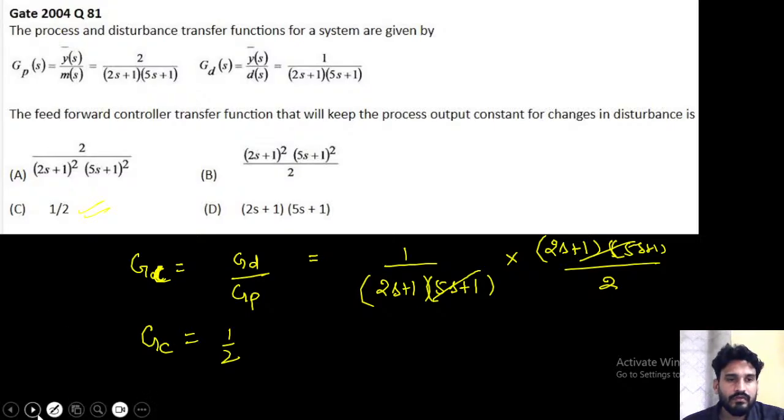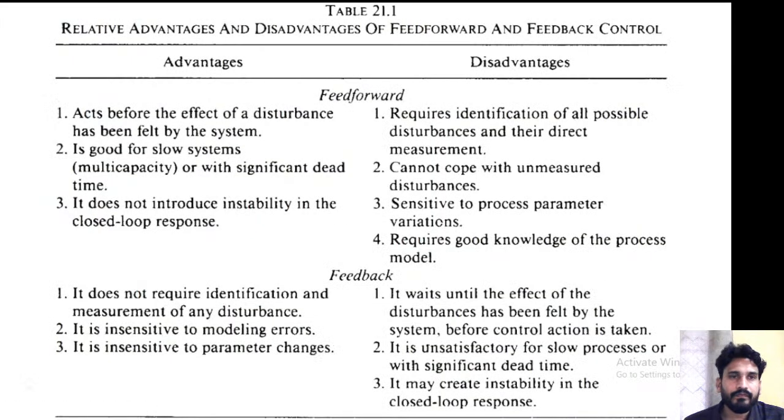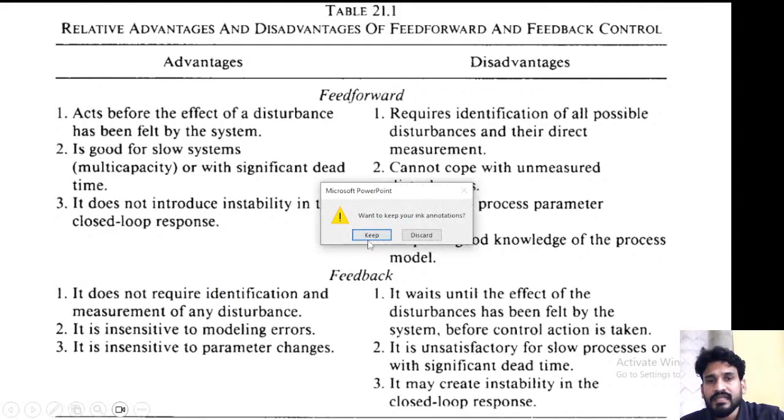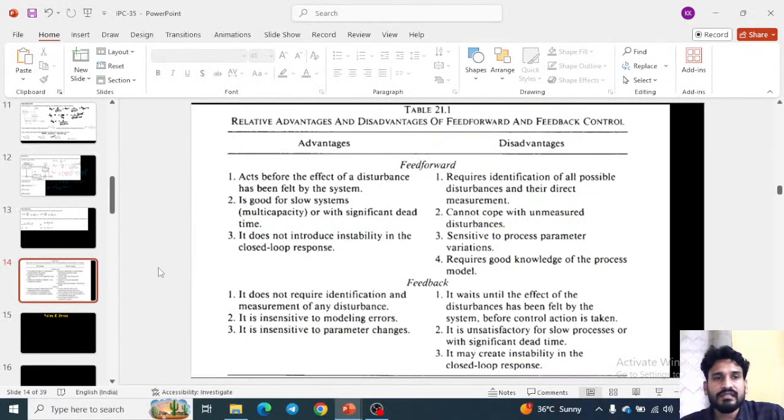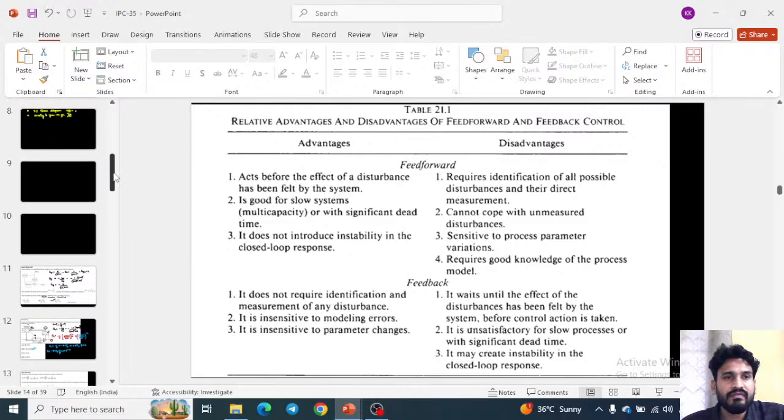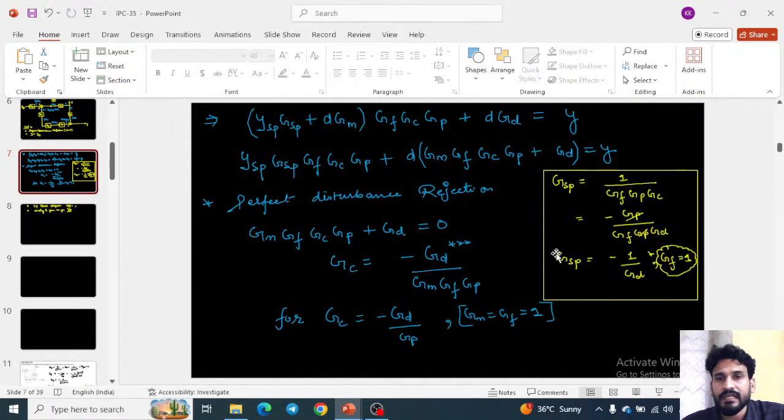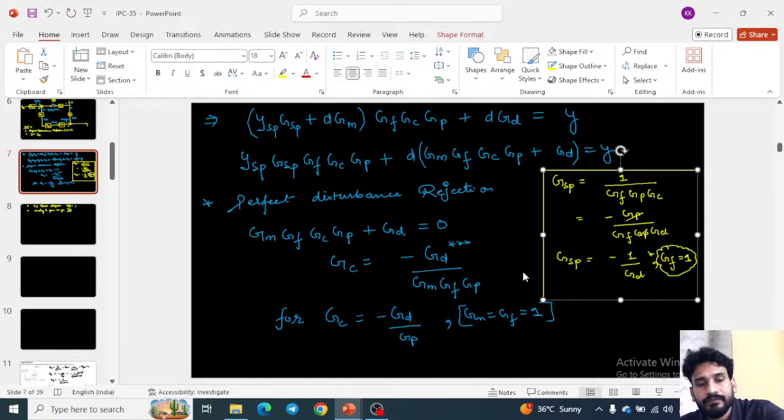Now let's try to understand both parallelly, the feed forward and the feed backward. Okay, it is clear. As I told you, whatever we discussed previously is basically the feed backward.